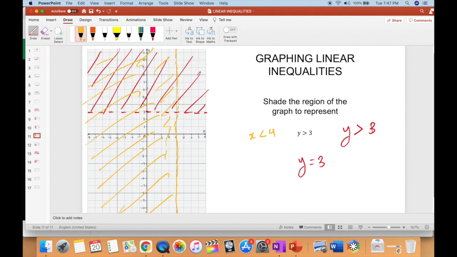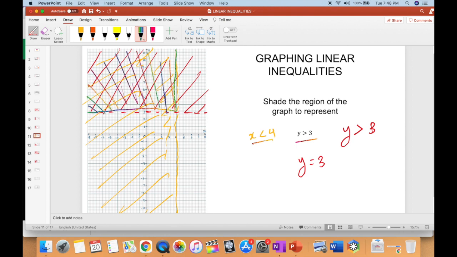And if you look at it, you will see that this region is common to both of them. No, sorry, y is greater than 3 and x is less than 4 is true for this region here.